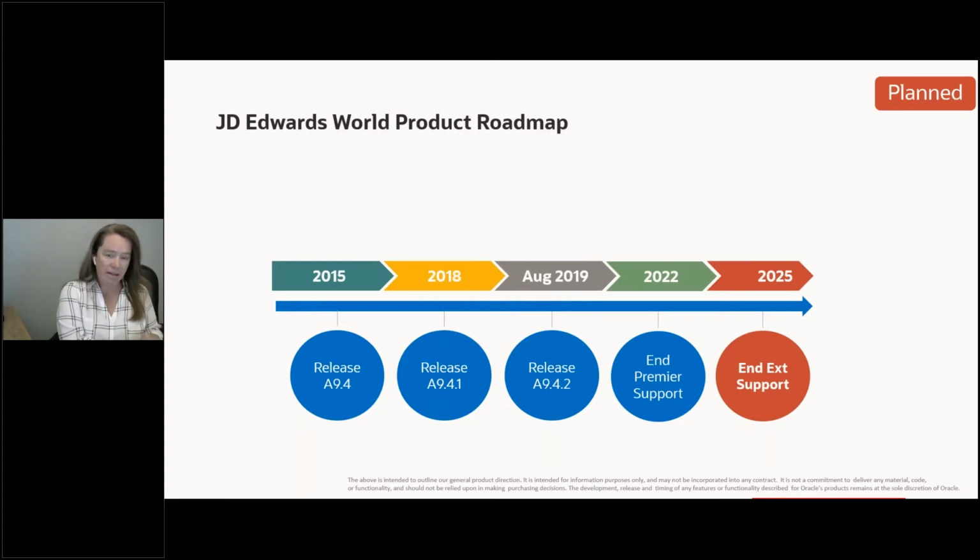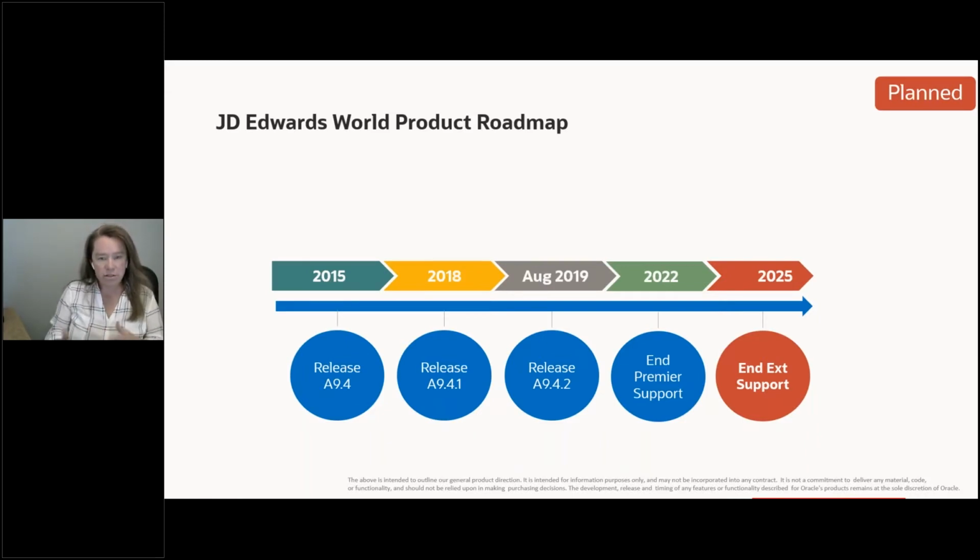Again, think about this concept of ERP 1.0 versus where we're at now, more like 5.0, and moving yourself into a more modern type of environment. At this point, do not expect that we're going to extend this 2025 date. Like I was talking about for Enterprise One, where that date keeps getting extended every year, that is not the expectation you should have when it comes to World.